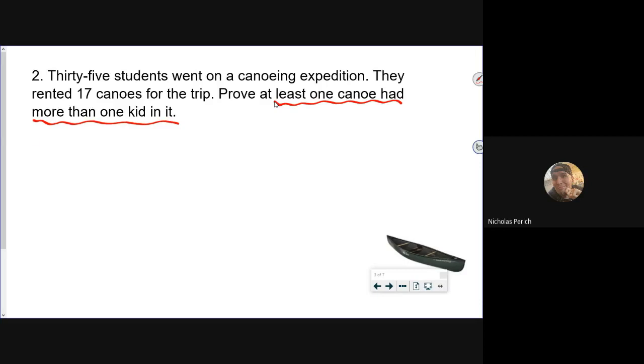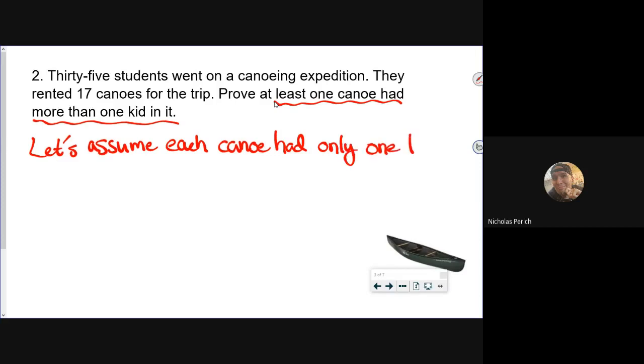So let's assume each canoe had only one kid. So I have to prove that at least one canoe had more than one kid. So we're going to assume, all right, well, no, every canoe had one kid.